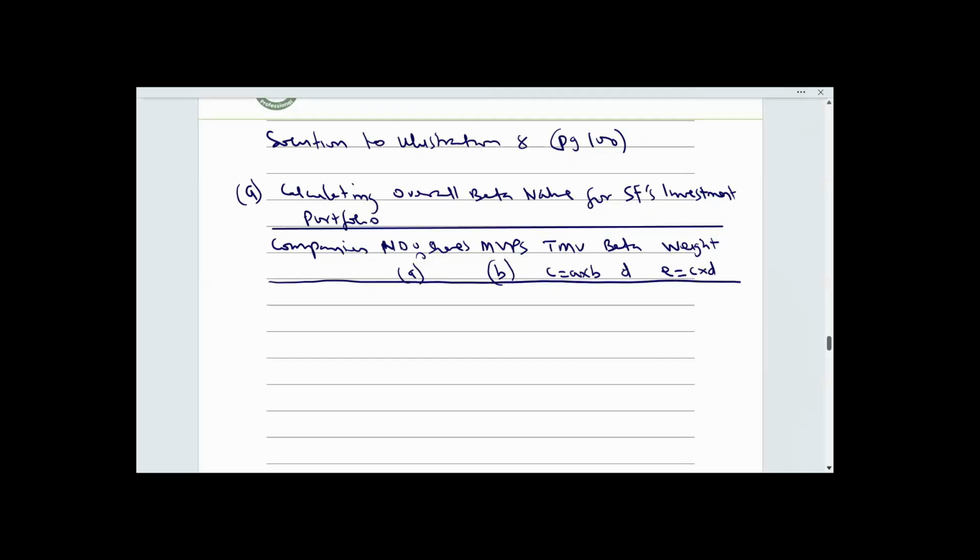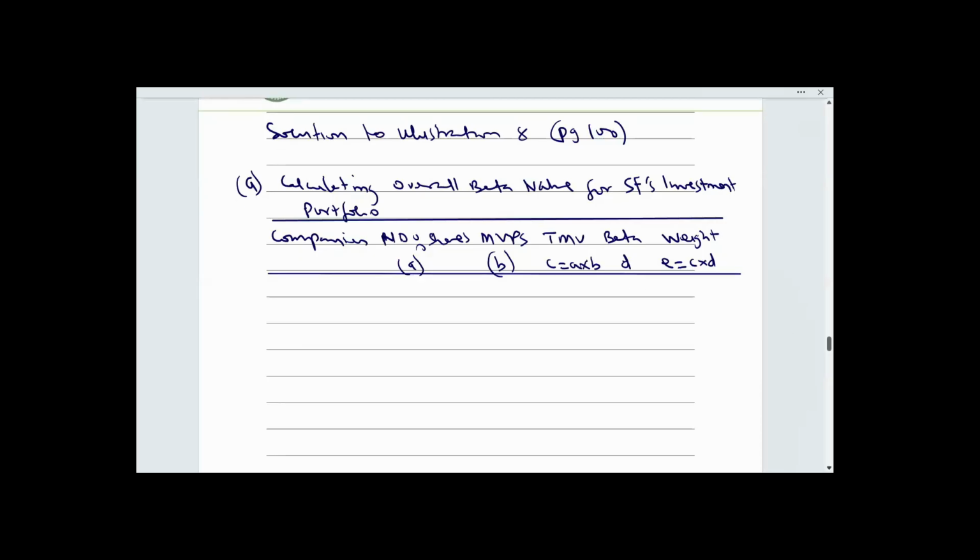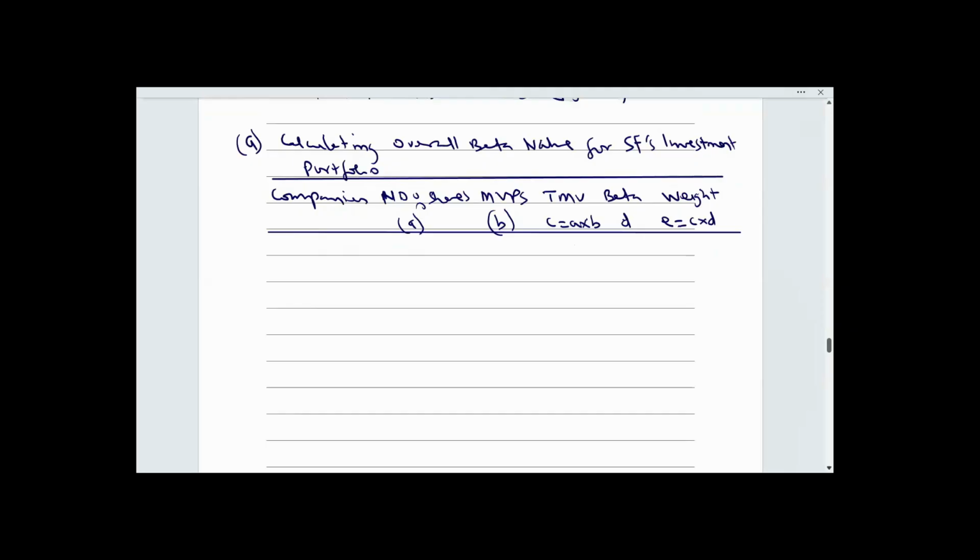CAPM is not difficult. So what are the names of the companies? Give it to me. What are the names? Tomiwa, Pascal, Binta, and then Yetunde.